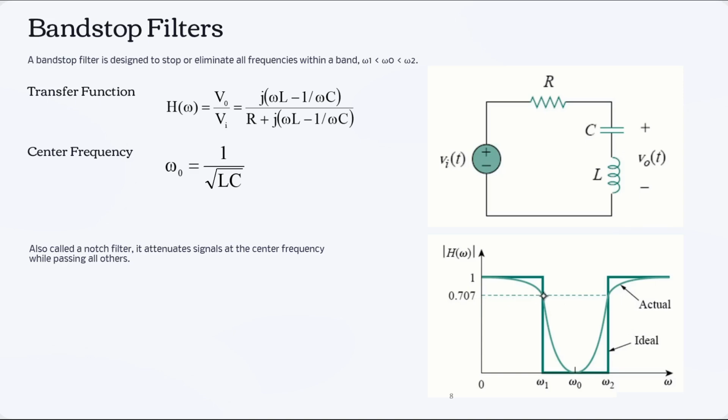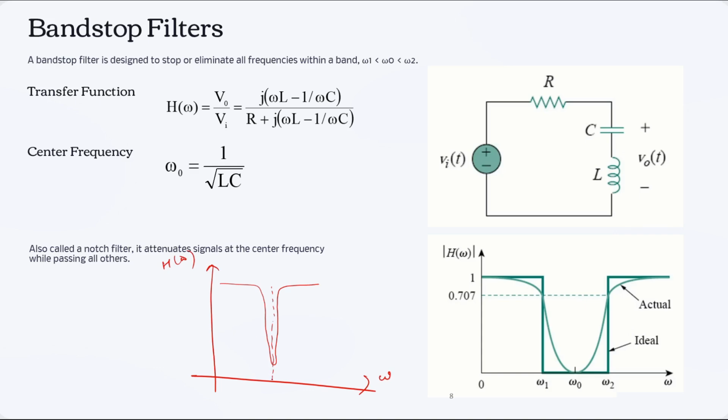Now if we consider a sharp or narrow bandstop filter, then it is known as a notch filter or narrow band reject filter. So this is H omega, this is omega.